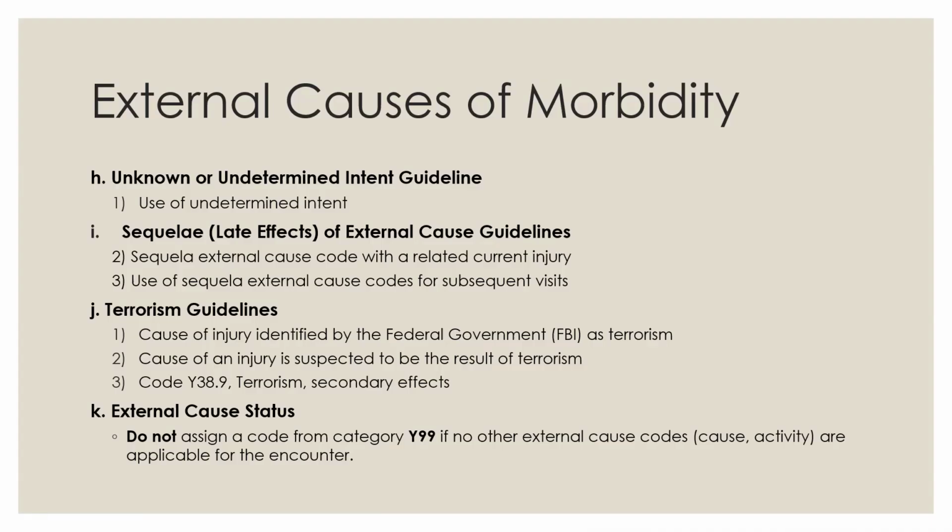An external cause status code is used only once at the initial encounter for treatment. Only one code from Y99 should be recorded on a medical record. And lastly, for Chapter 20, do not assign code Y99.9 for unspecified external cause status if the status is not stated.